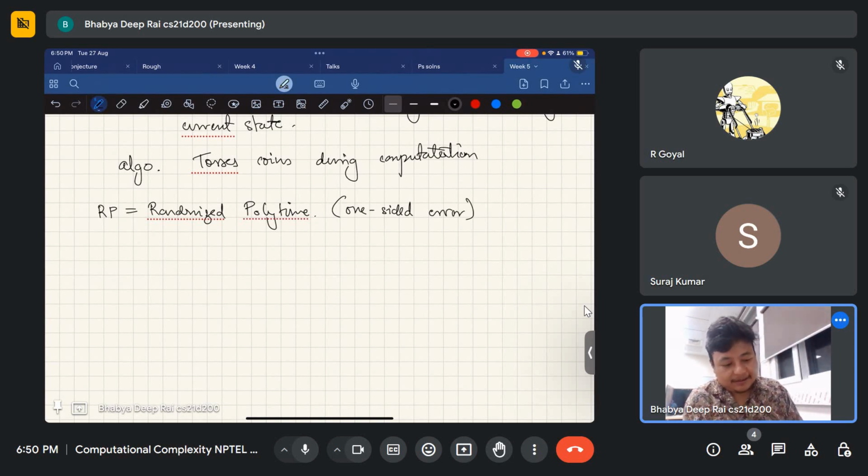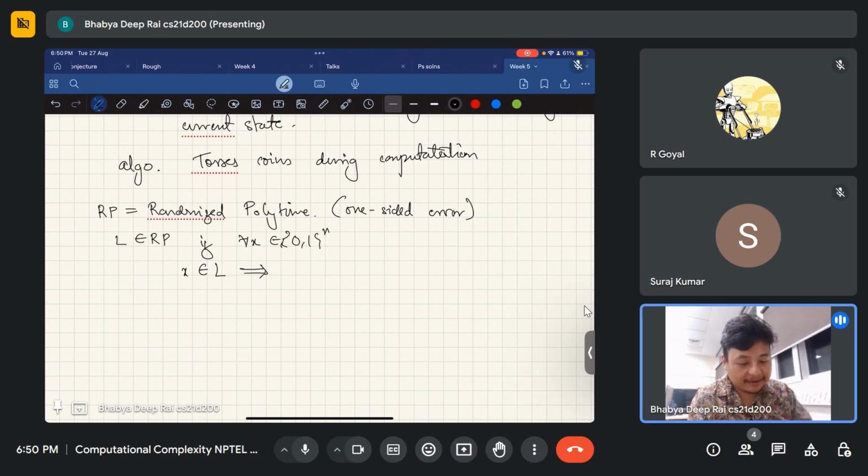So a language L is in RP if, for all x in {0,1}^n, x in L, then what happens?